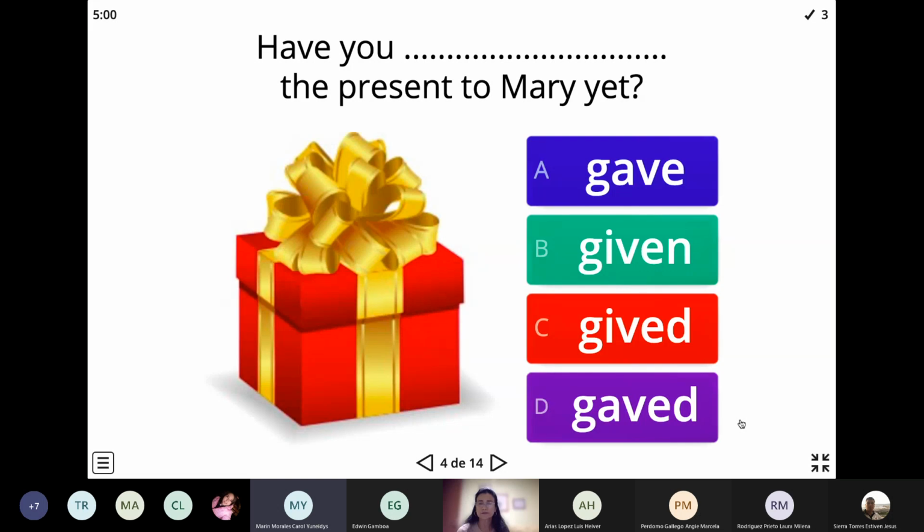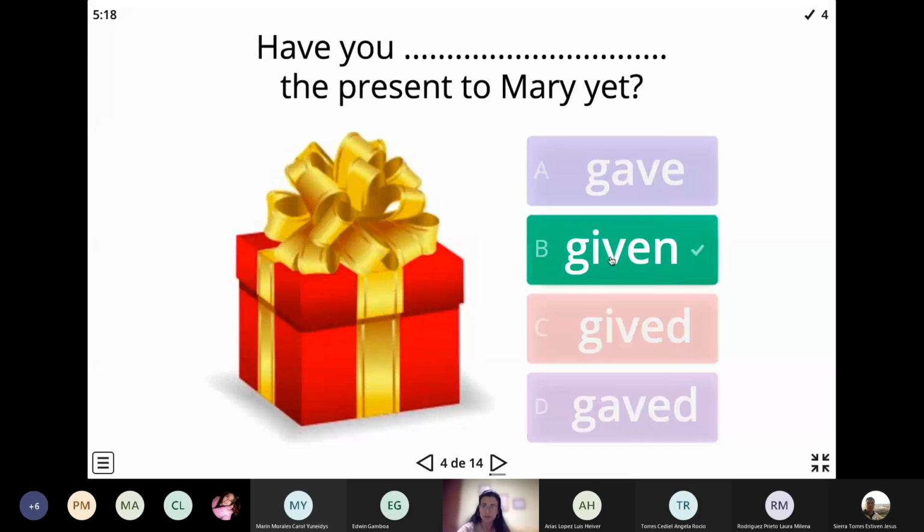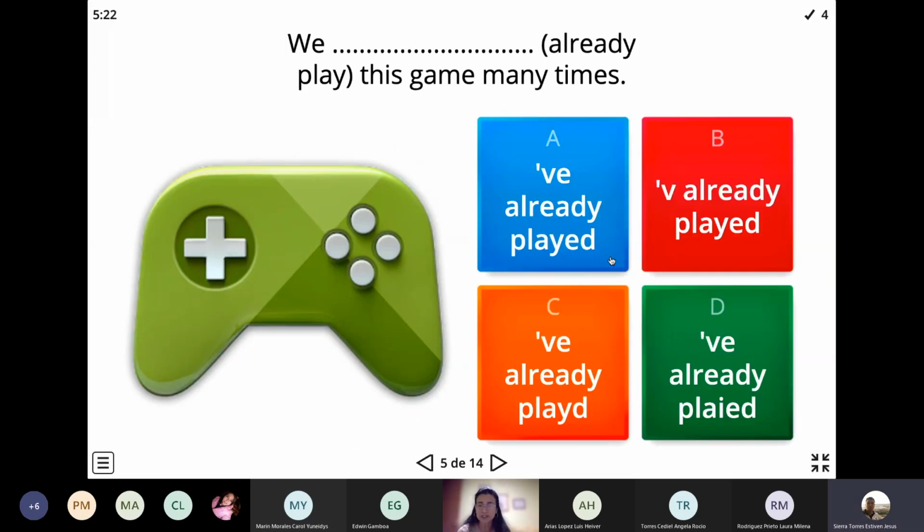The answer is A? That is the past, but the past participle of give is? Given. The answer is B, given. Very good. You have to study the verbs, kids. Give, the past is gave and the past participle is given.